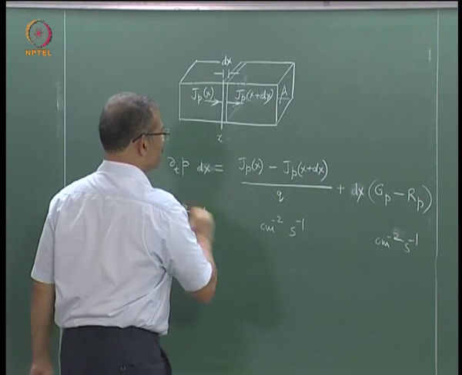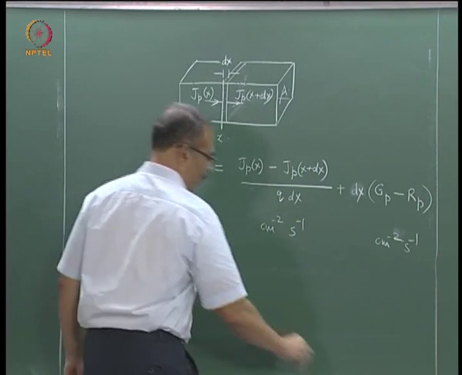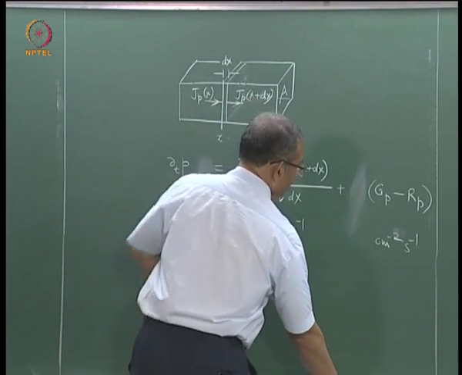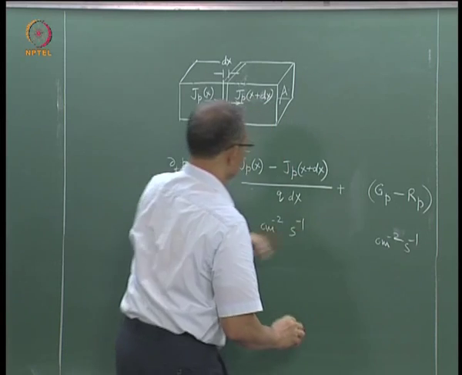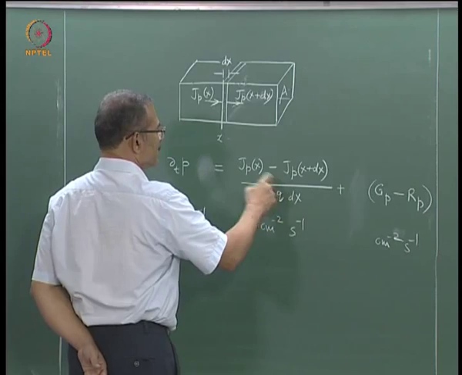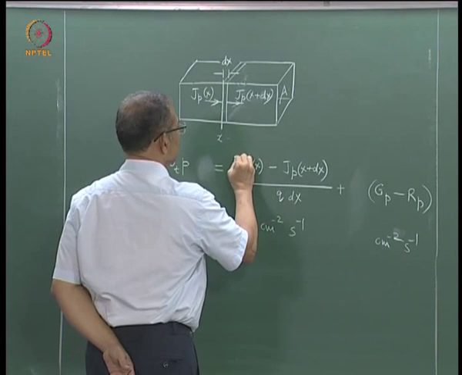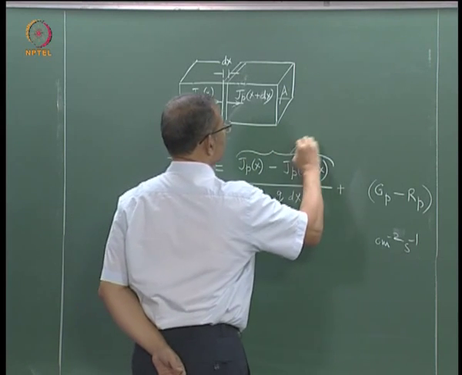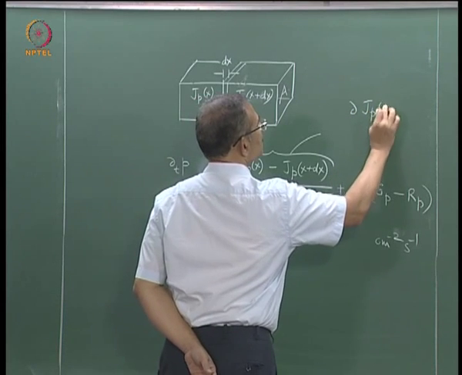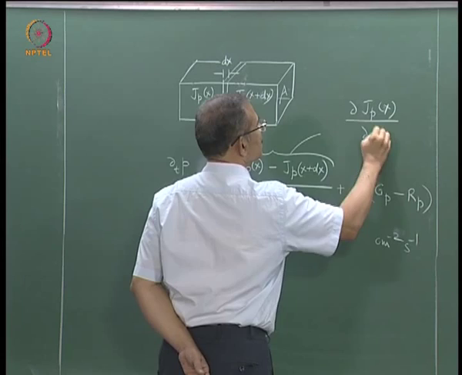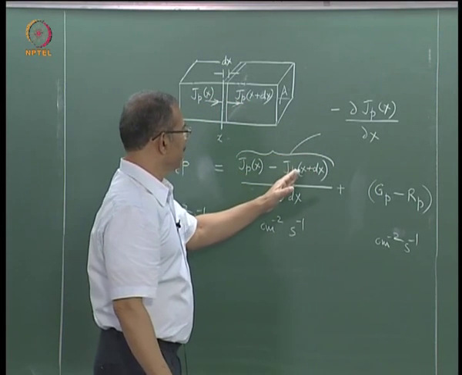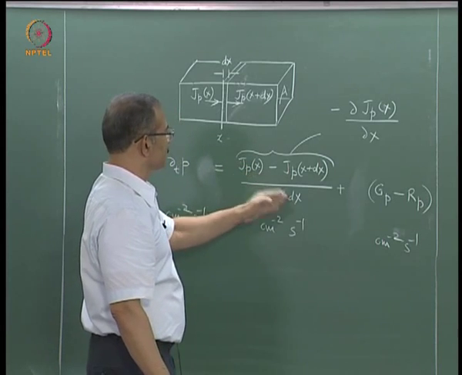Now if you divide throughout by dx, then this dx gets cancelled, and now this term for dx tending to 0 is nothing but, so this term you can identify as minus dou jpx by dou x, because dou jp by dou x will be jpx plus dx minus jpx by dx.